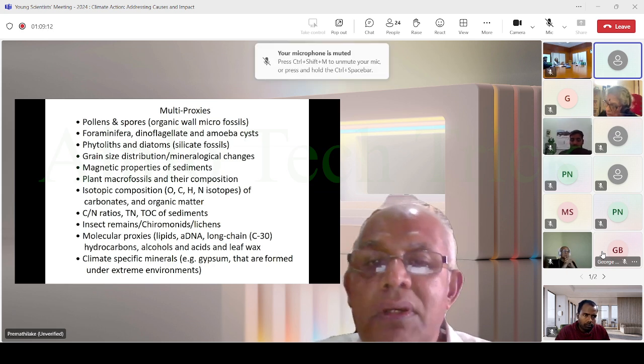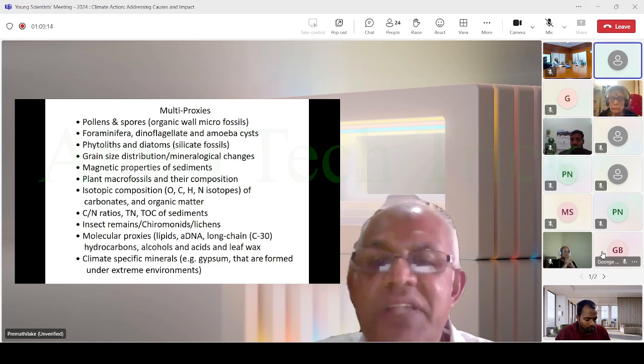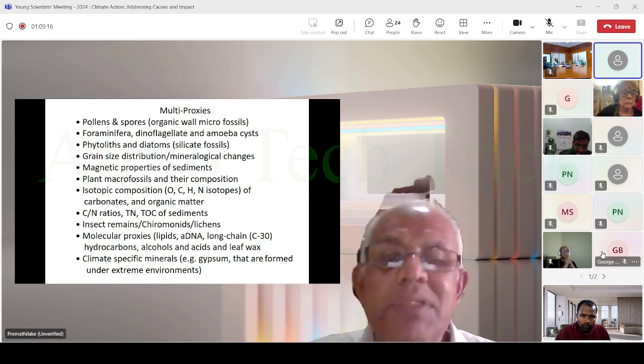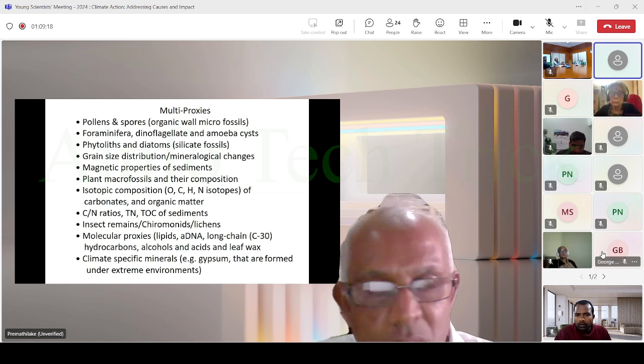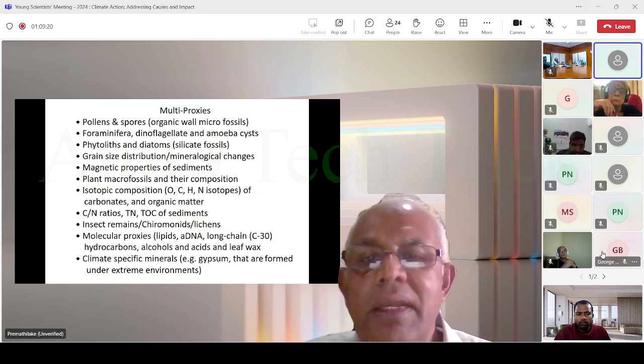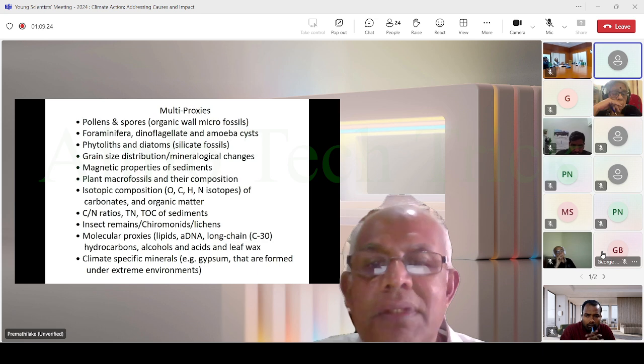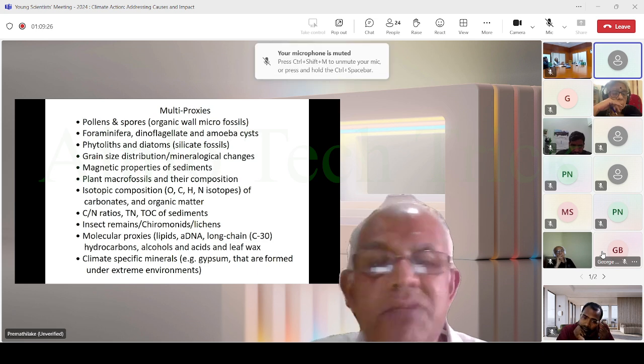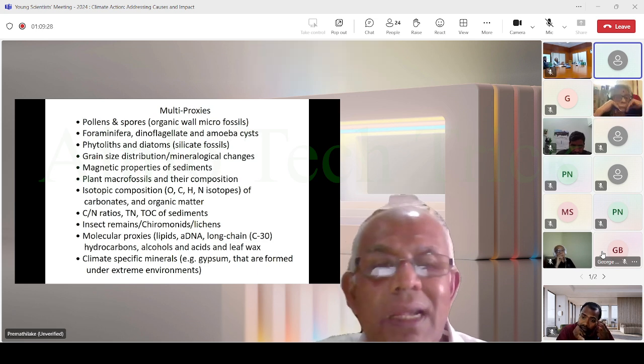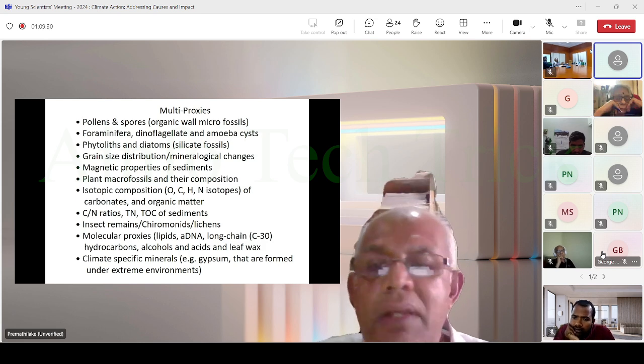And also some people use chironomids, like insect larva fossils, which are not common in the tropics, but in temperate areas and high latitude areas they are a very good proxy. Chironomid larva is an insect fossil, and lichen is also an excellent fossil to record paleoclimate.